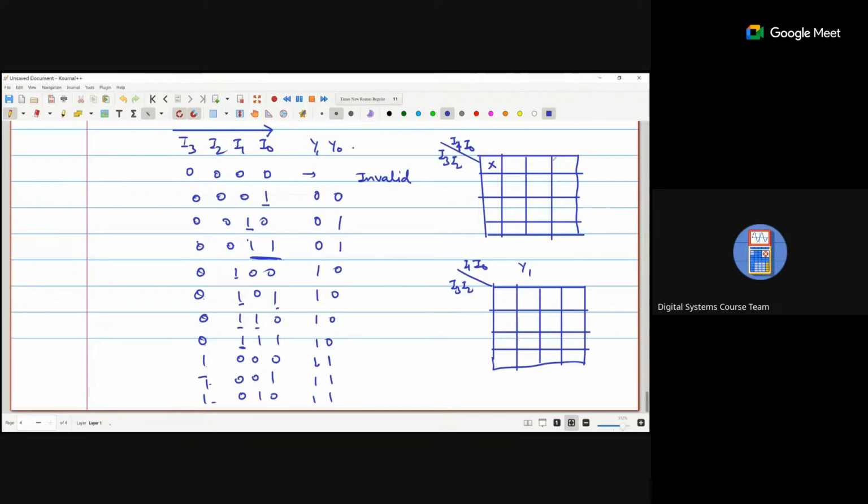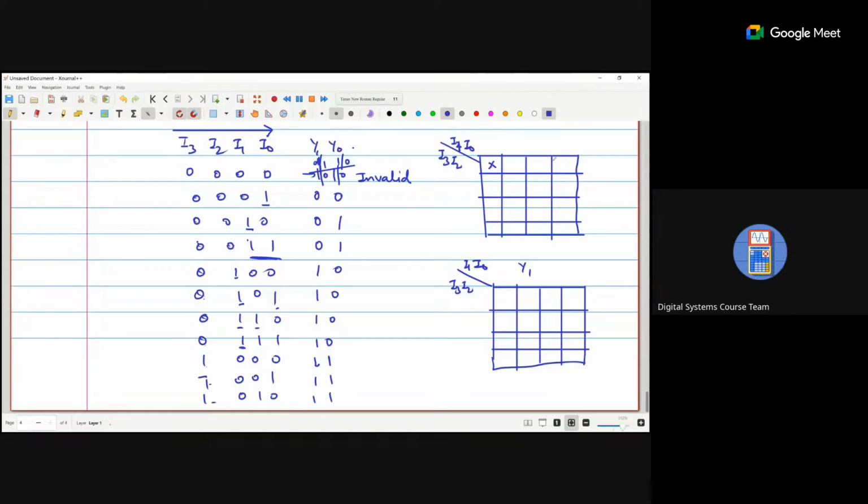Now, Sir, that invalid condition we are not going to consider for anything, right? Yeah, okay. Any particular output is possible here. Either it is a 1 1 or it is a 0 0, it is a 0 1 or it is a 1 0. Because what is the meaning of digital?